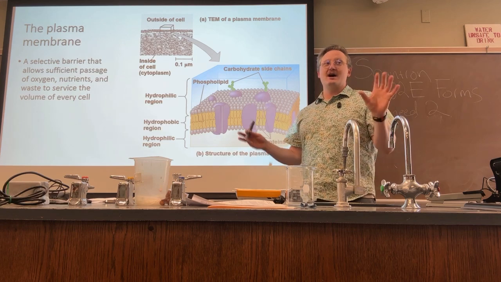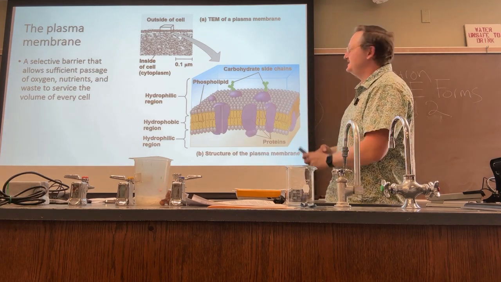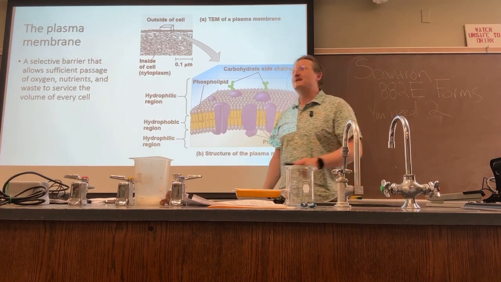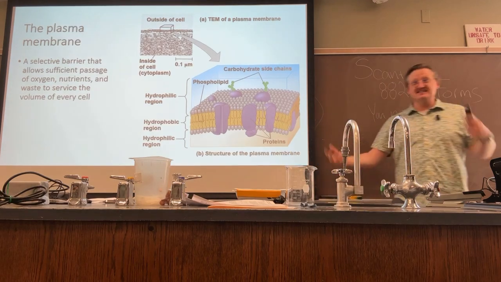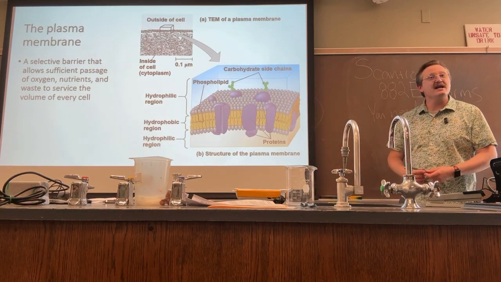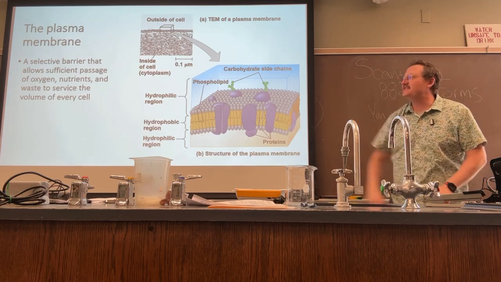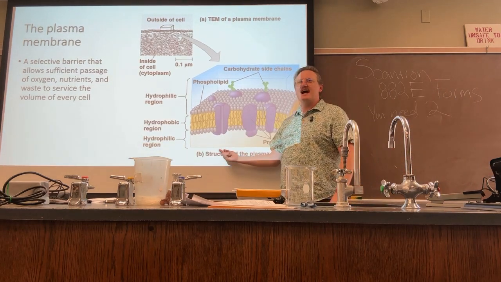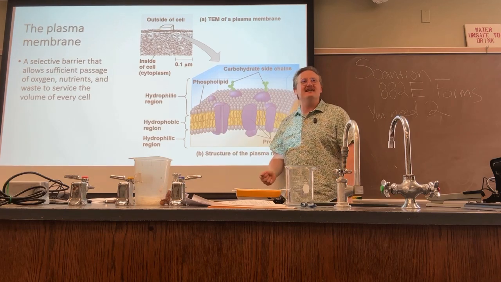But here's the problem, right? The phospholipid bilayer itself can't really select what's going to cross it. But the plasma membrane, through all of these special transport proteins, can select certain things and say, let that in. Like this channel protein here is probably designed to allow certain molecules to go in or out of the cell.